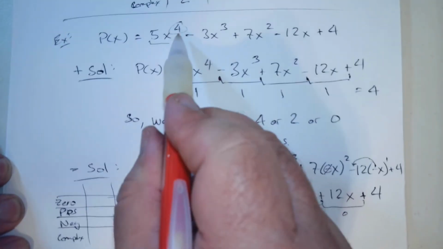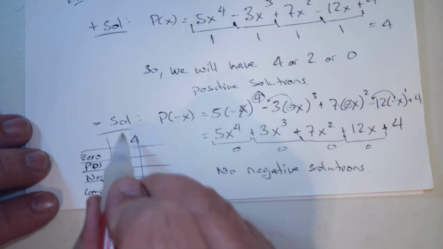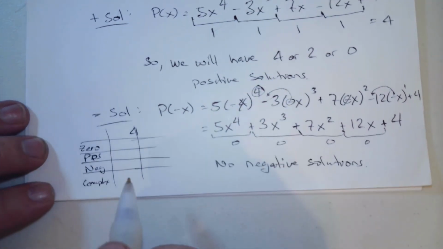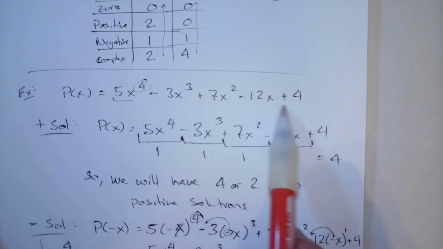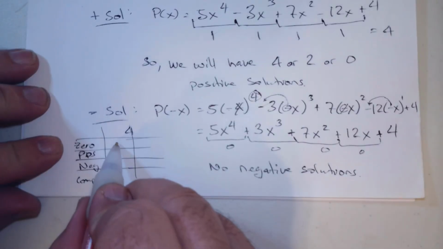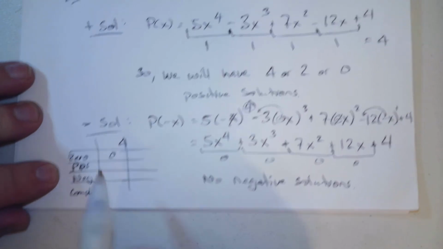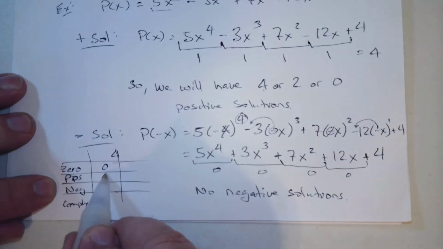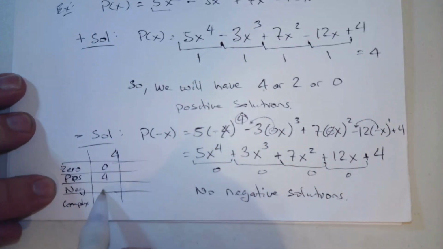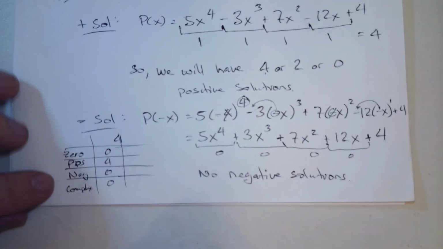Remember, since the degree is 4, all these columns have to equal 4. So, since x is not on each term, 0 cannot be a possibility. We can have 4 possibilities. That means we have nothing else.